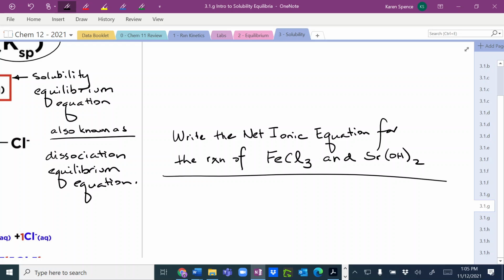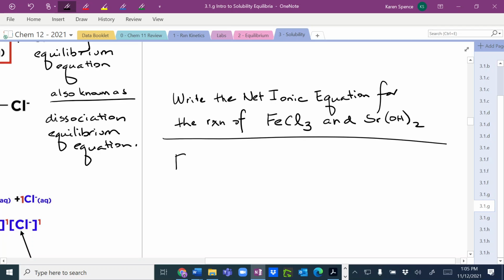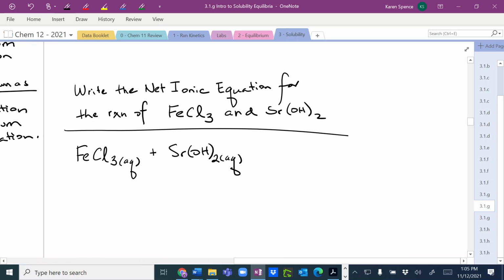If you're getting stuck, you can write out your reactants. And these will be aqueous. Sorry, I should have mentioned that. And once you've got that, you can write the ions.